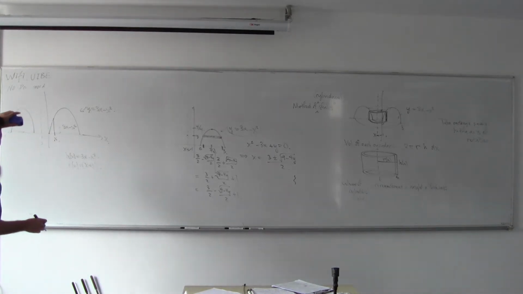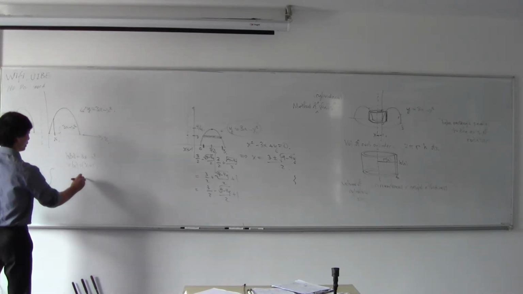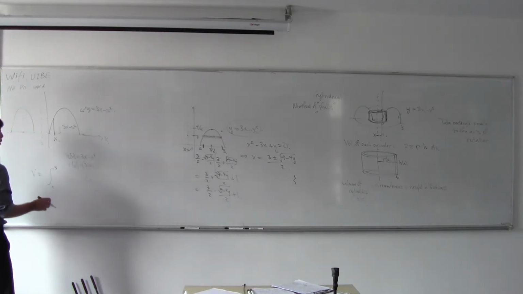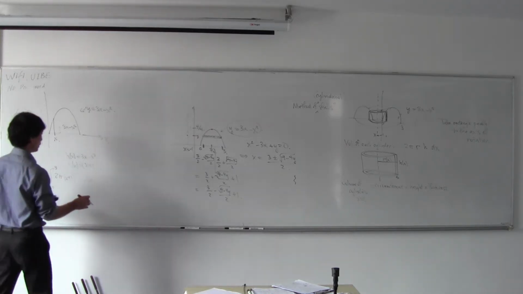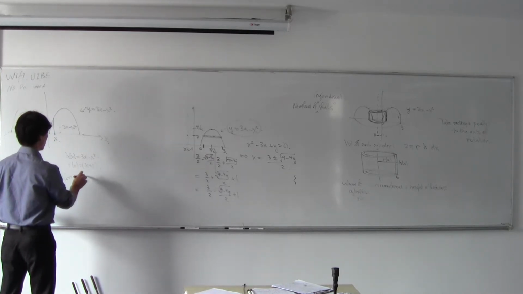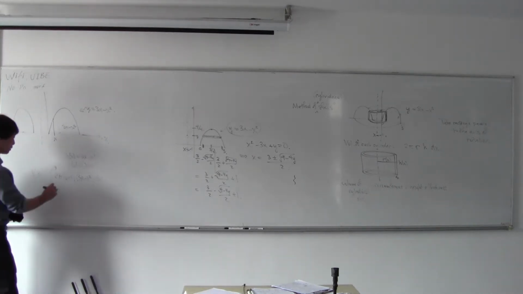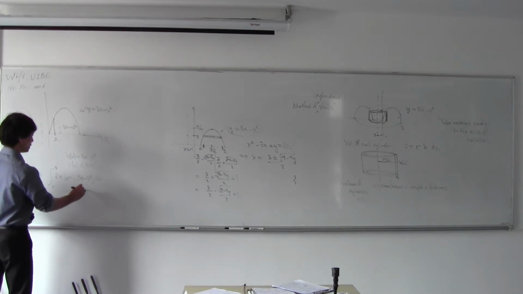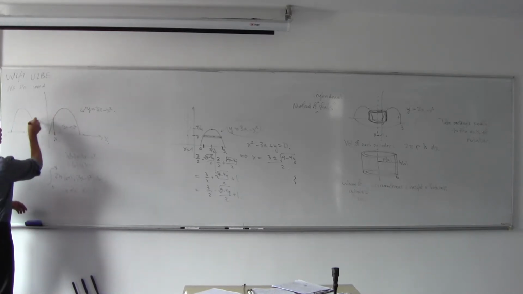So the volume is going to be the sum, as x ranges from 0 to 3, of 2 pi r times the height times dx. 2 pi r times the height times the thickness gives us the volume of this one shell here.